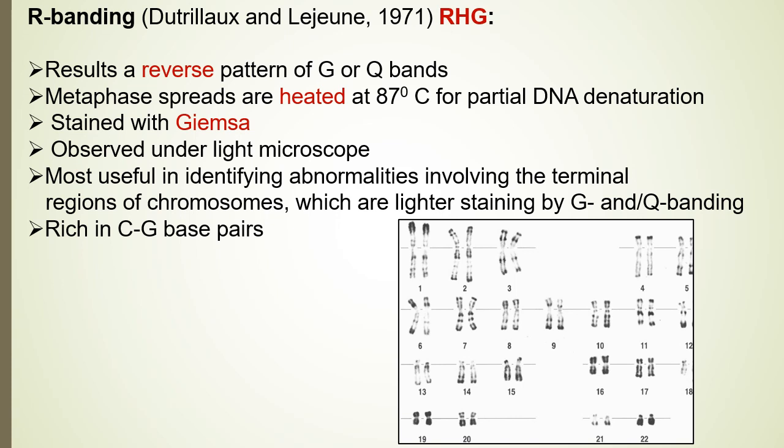They are observed under a light microscope, and this technique is mostly useful in identifying abnormalities involving the terminal regions of chromosomes, which are lighter staining by G and Q banding. They generally stain the regions which are rich in GC base pairs.